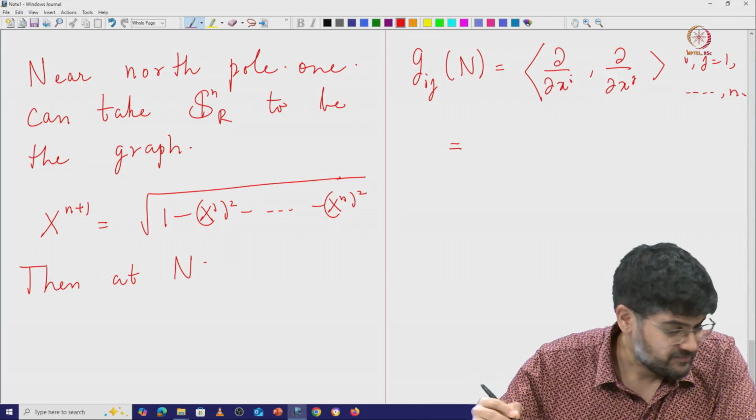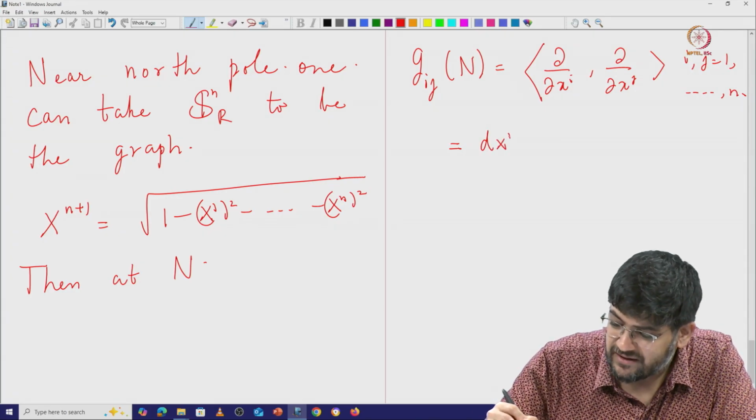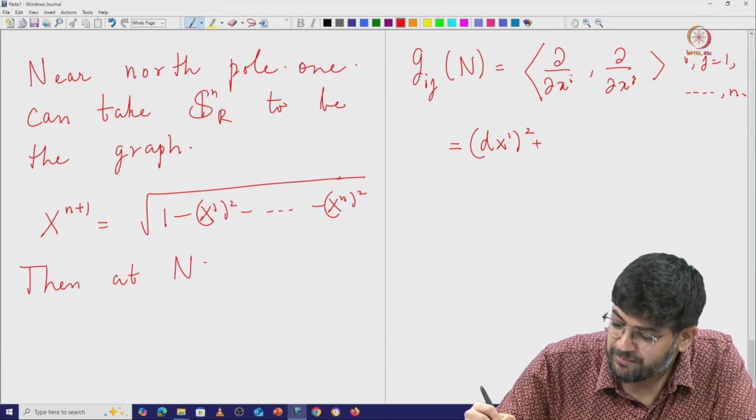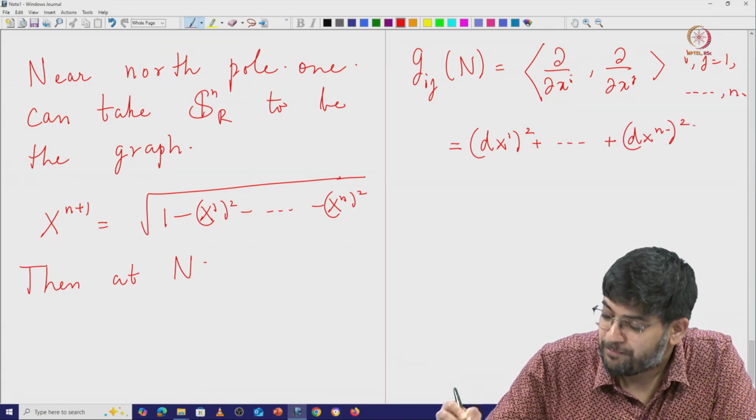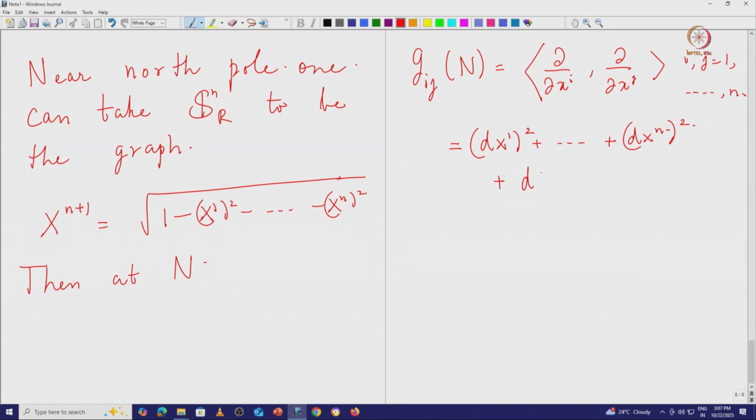So this is precisely dx1 squared etc. up to dxn squared plus dx_{n+1} squared, because you are restricting the Euclidean metric. But what is dx_{n+1}? That is given in terms of the other components.